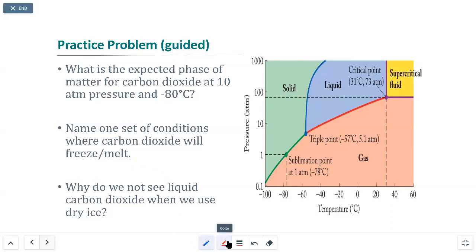Now, of particular importance to us usually are the phase changes that occur on this line right here. That line right there, 1 atmosphere, that's important to us because that is what we would consider normal conditions.